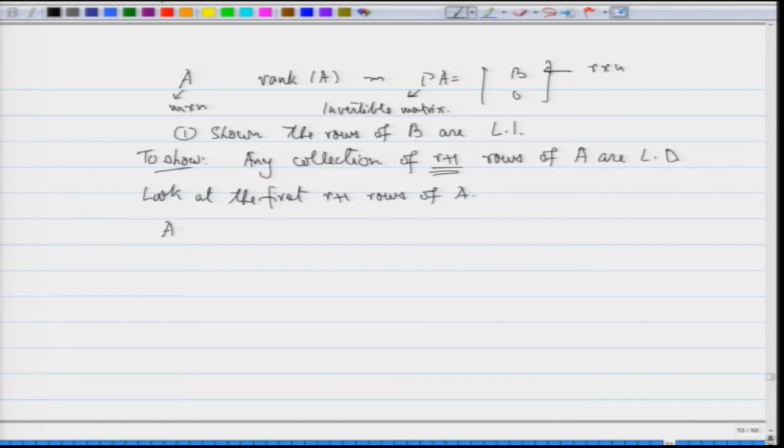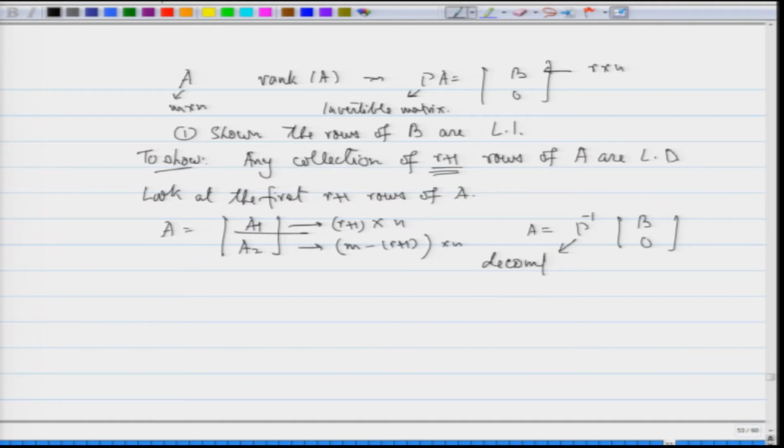I am writing A as A1 over A2, where A1 is of size R plus 1 cross n, and A2 is of size m minus R plus 1 cross n. I also have A equal to P inverse times B. So, we decompose P inverse accordingly.